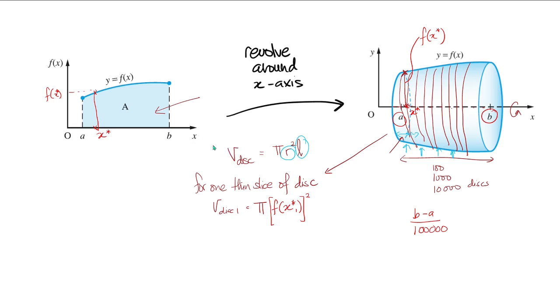Let's say we don't decide how many slices, but we just say it as small changes in x. That means from x asterisk i to x asterisk i plus 1, the distance between these two is delta x.